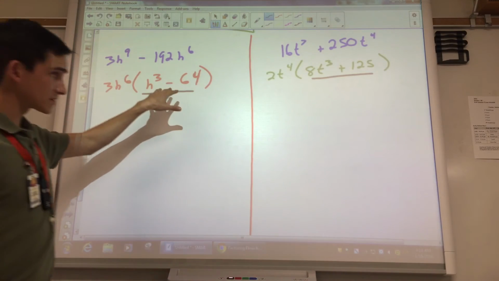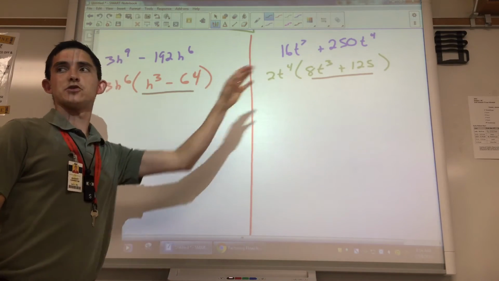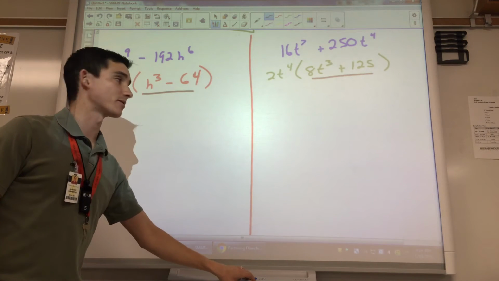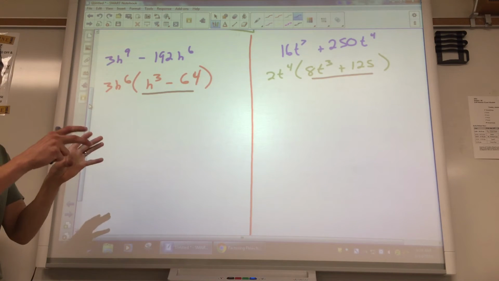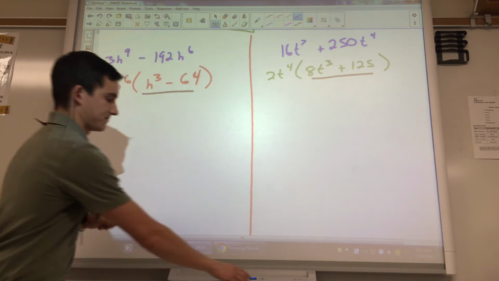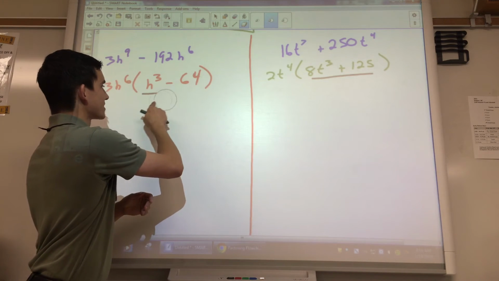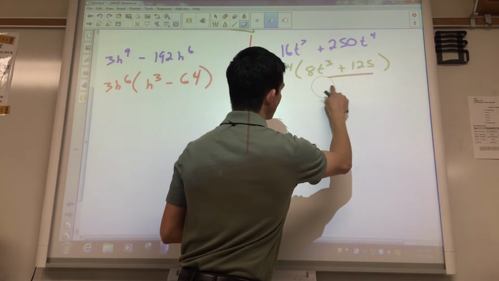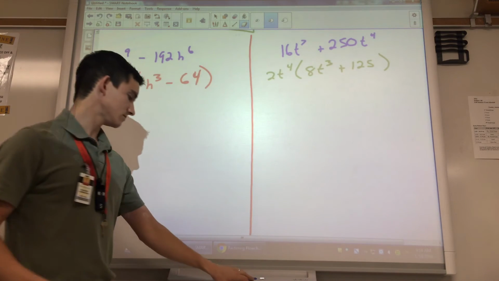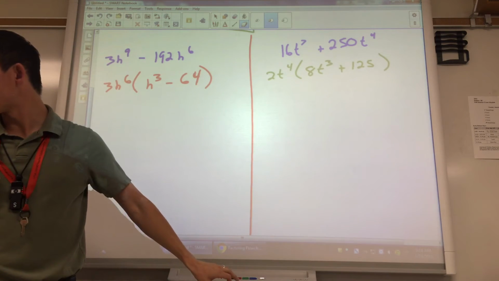So the difference of cubes, sum of cubes, right? They have two different formulas, but they're almost the exact same formula, so check it out. This is what I want you to write down. I mean, you can leave this too, but on the side where those lines are, where you can take some notes, I want you to write this down. Thank you, sir.